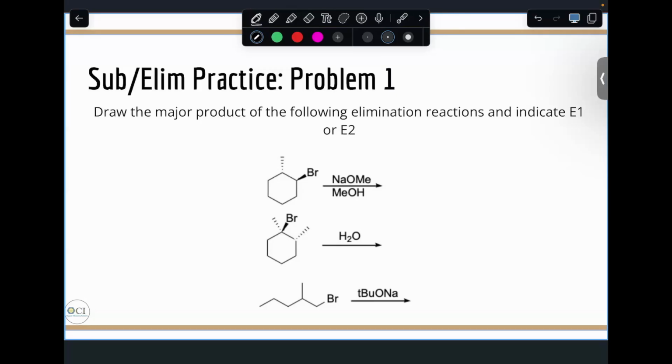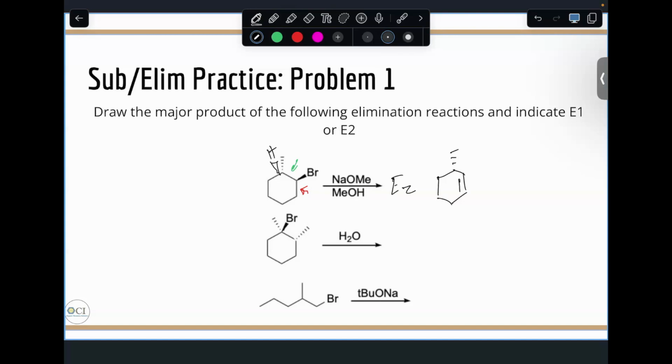So for the first one, is it E1 or E2? Yes, E2. And will it form the double bond on the green or the red side? And why is that? Yes, this hydrogen is in the same plane.